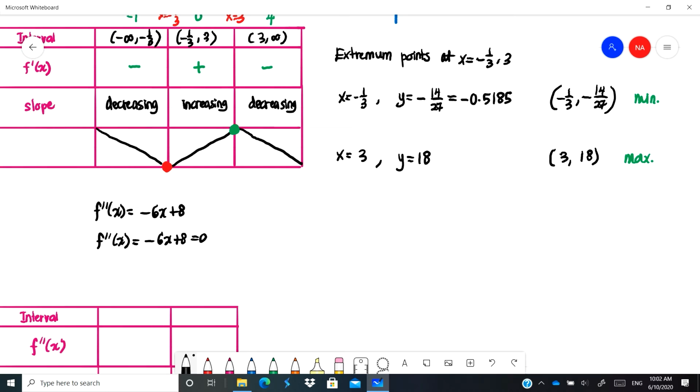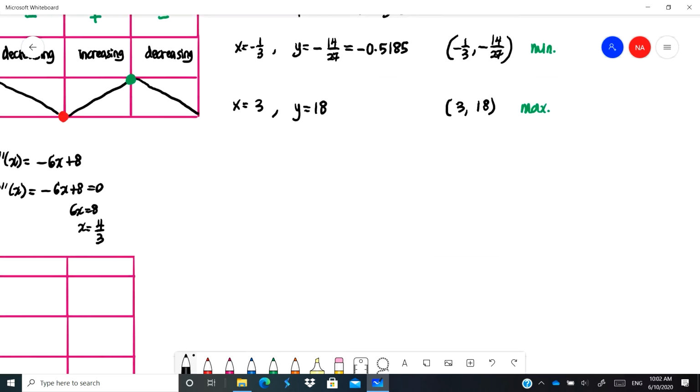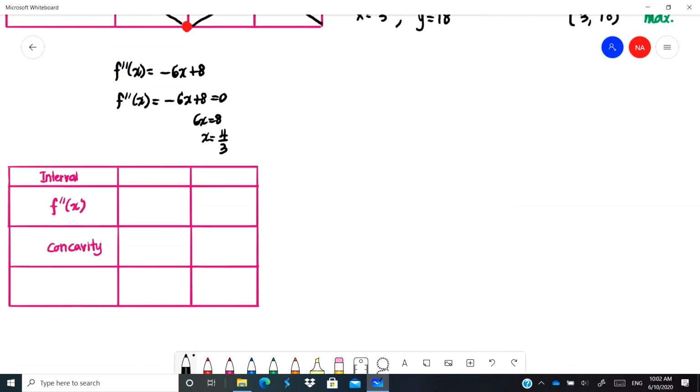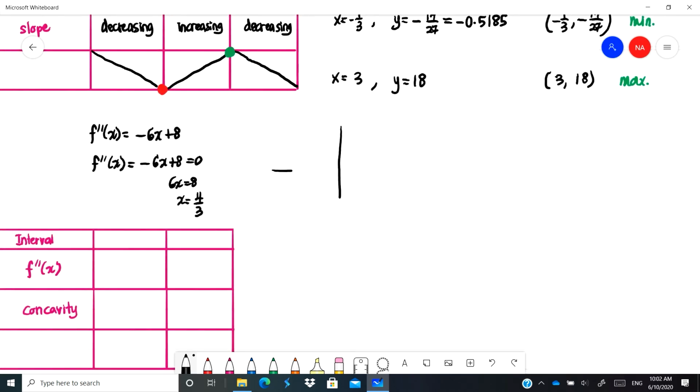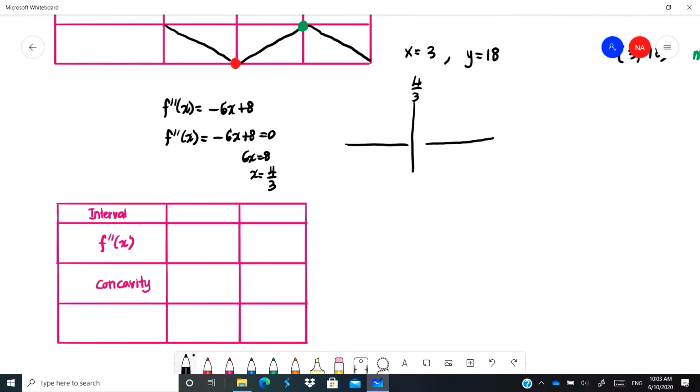So 6x is equal to 8, then x is equal to 4/3. So the boundary point is 4/3, meaning we'll have two intervals here: the first from -infinity up to 4/3, and the last one from 4/3 up to infinity.